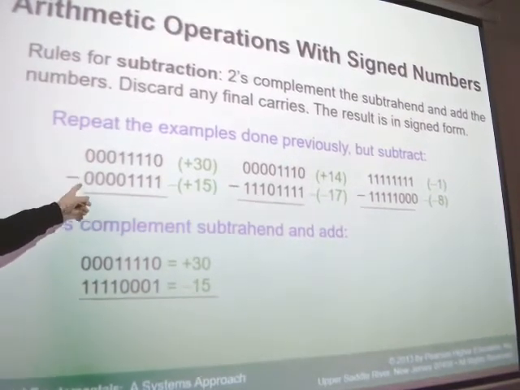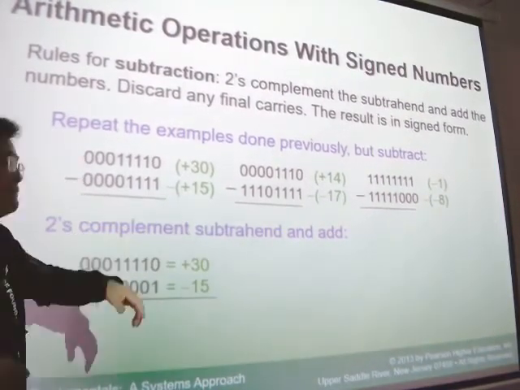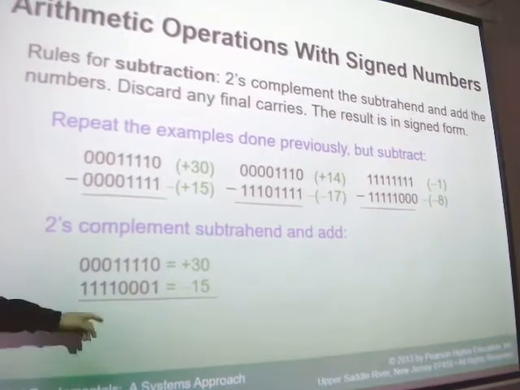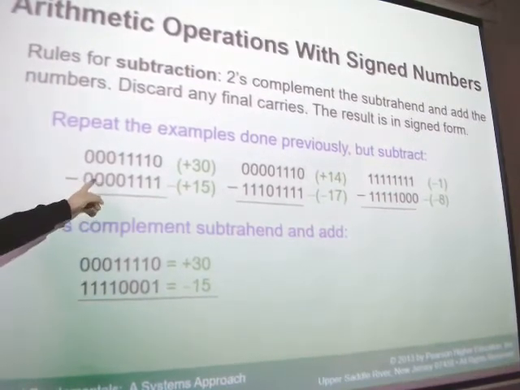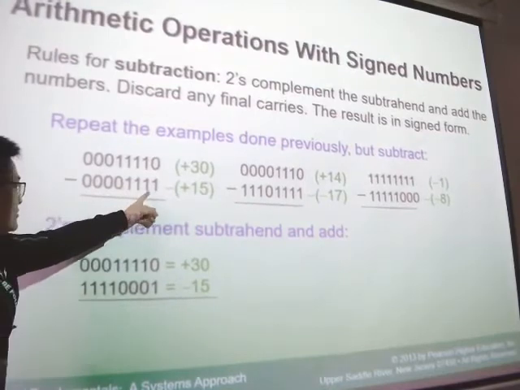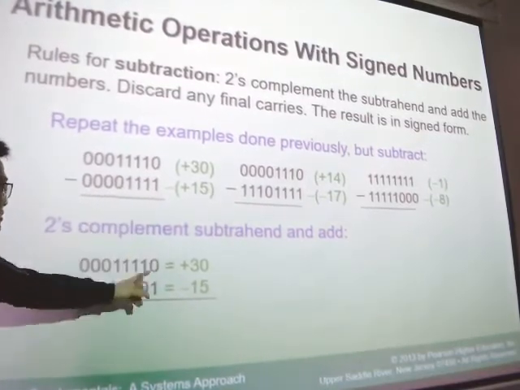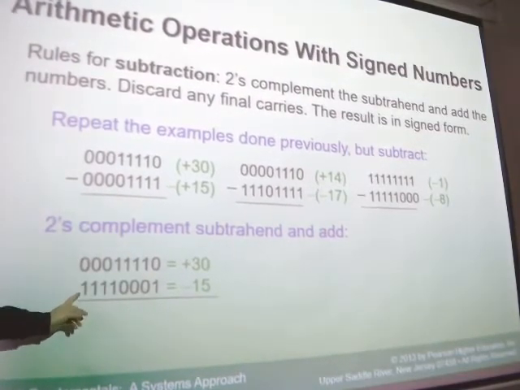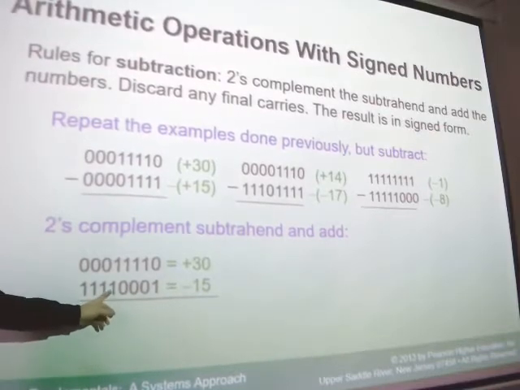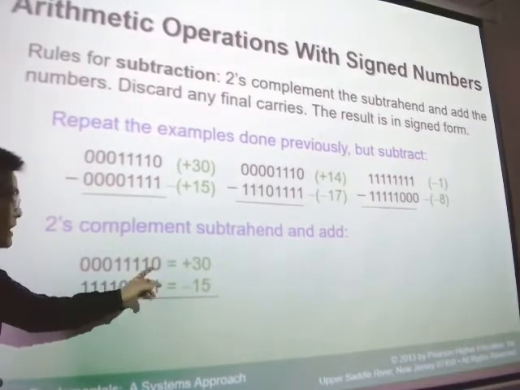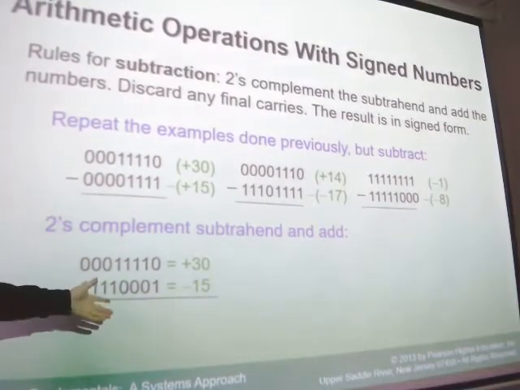The two's complement of 15 is 1 1 1 1 0 0 0 0 plus 1. So the two's complement is 1 1 1 1 0 0 0 1. Right?